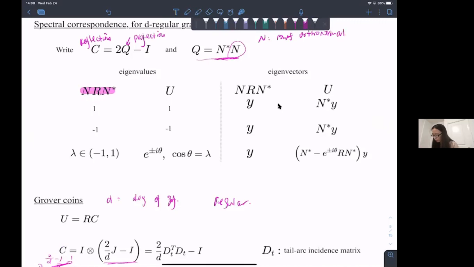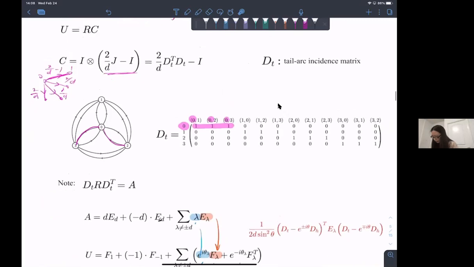So let's try to understand what D_t R D_t star means. Well, R is the matrix that swaps tail with the arc, right? So if you multiply R by D_t transpose, then we get another incidence matrix between the head and the arc. I'm going to call it D_h. This is equal to the head-arc incidence matrix. Now it's an exercise to check that D_t times D_h transpose is exactly the adjacency matrix of the graph.